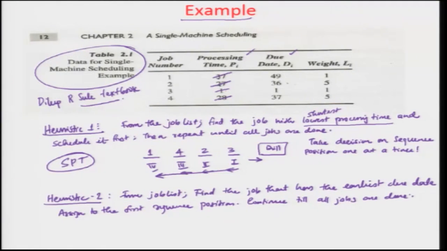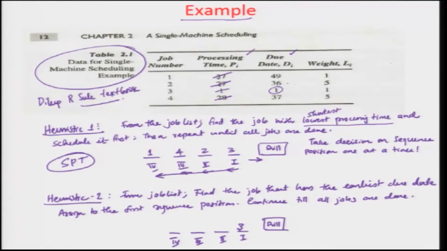So, how will we do that? We again have the 4 sequence positions 1, 2, 3, 4, and here is your drilling machine. Now we go through the due dates. The job with the earliest due date in this case is 1, so you take that one and assign job 3 right here.